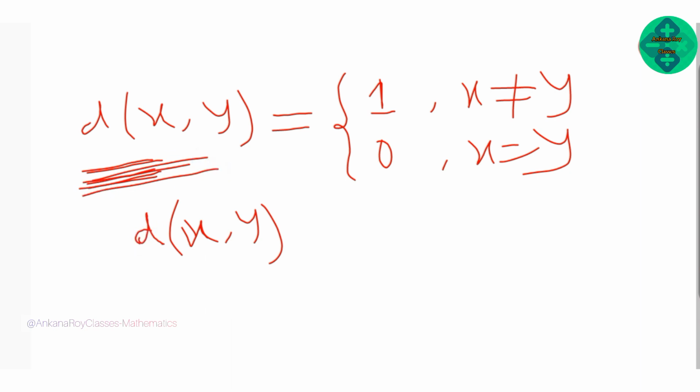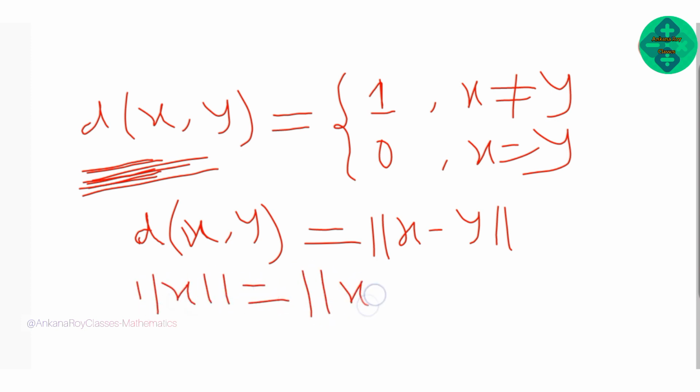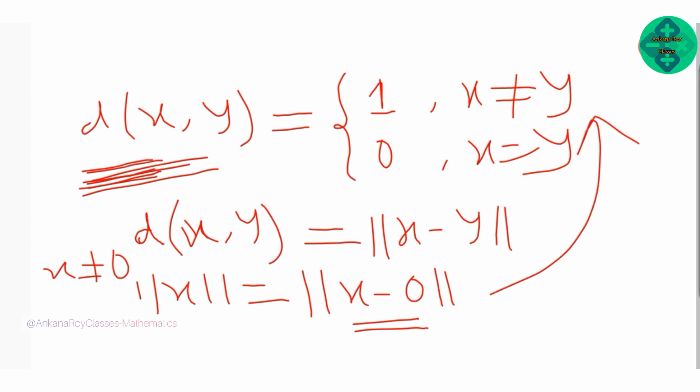We assume that d(x, y) is equal to norm x minus y. Now norm x is equal to norm x minus 0. We take x not equal to 0. So from this metric we say that this is equal to 1.